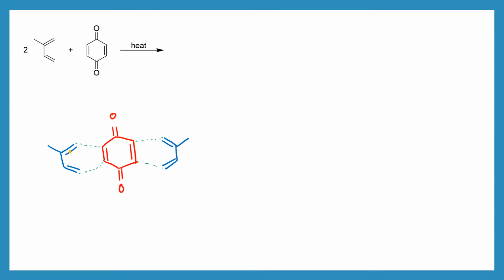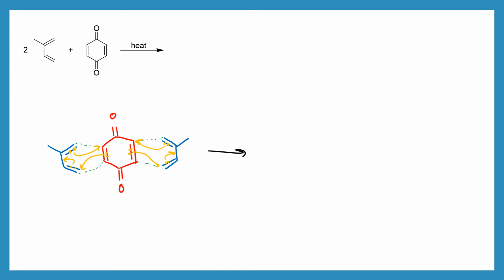So we're going to have an attack that is concerted, all kind of happening at once, creating a double bond there. We're going to have the same type of thing happening here. And that's going to give us our new product.